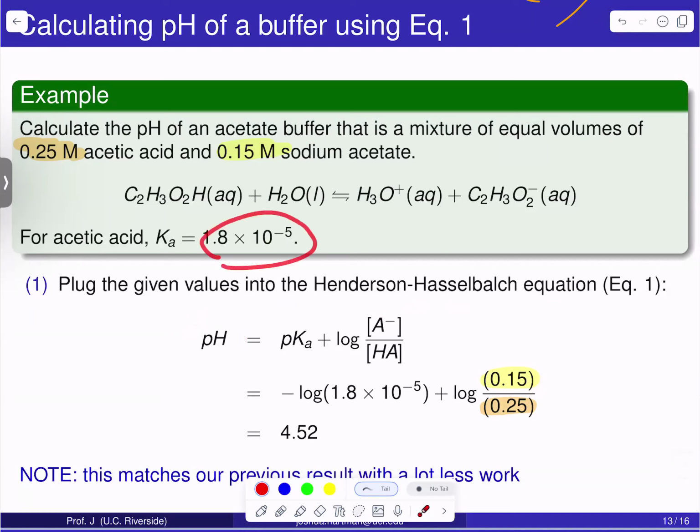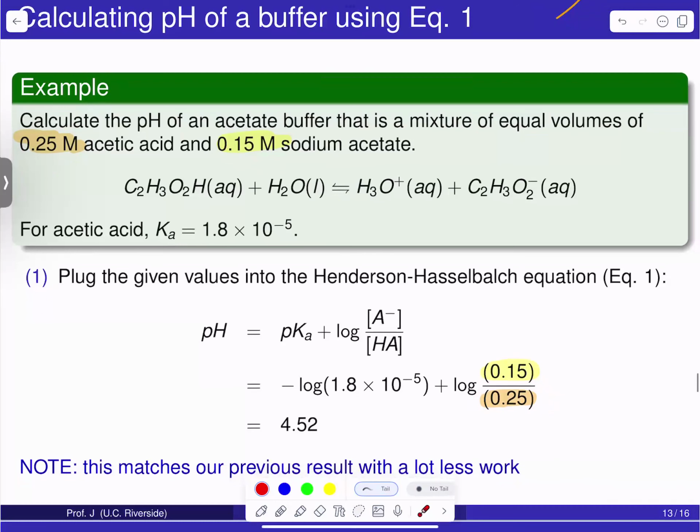We're going to plug in our given values, and then the log of 0.15, and then down here 0.25, and then we come up with a pH of 4.25. And so, of course, this matches with our previous approach, but again, you didn't have to build up an ICE table.